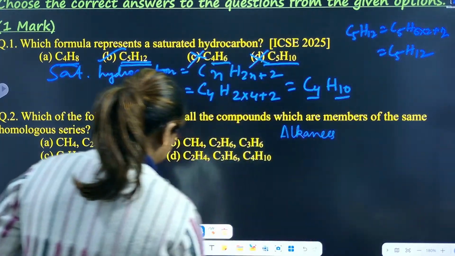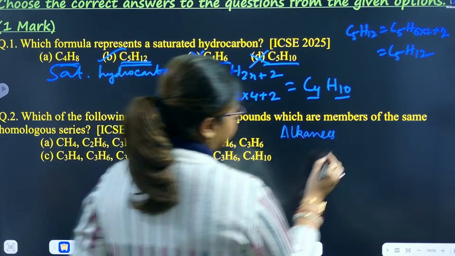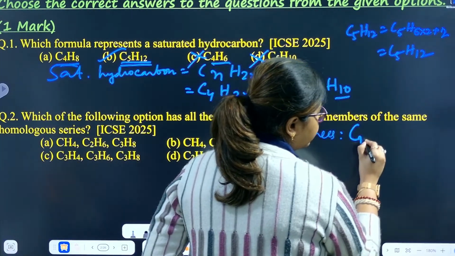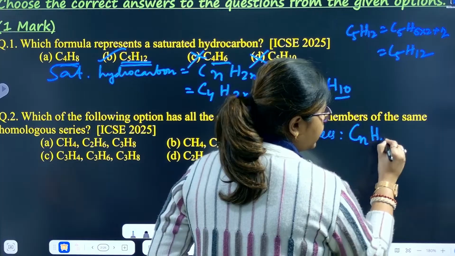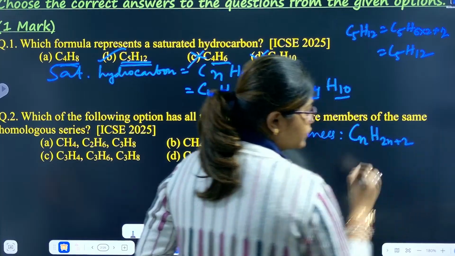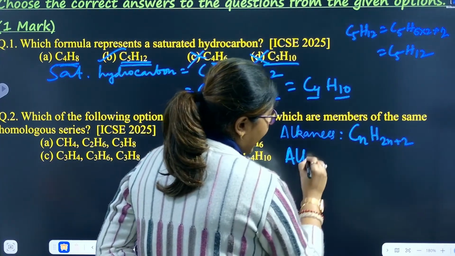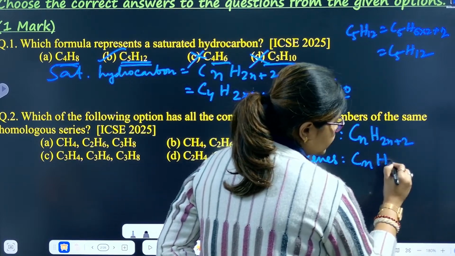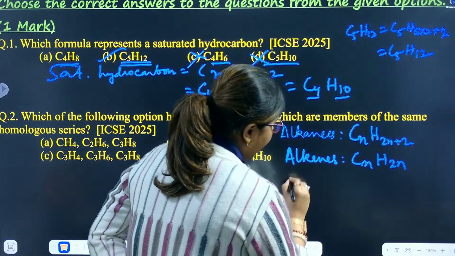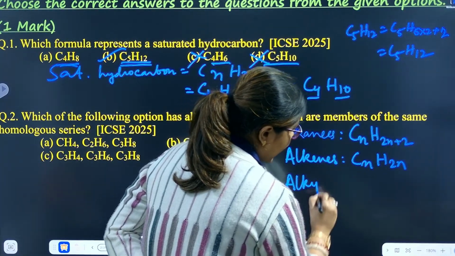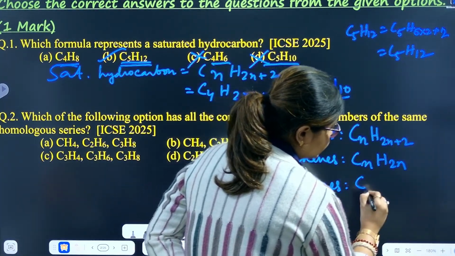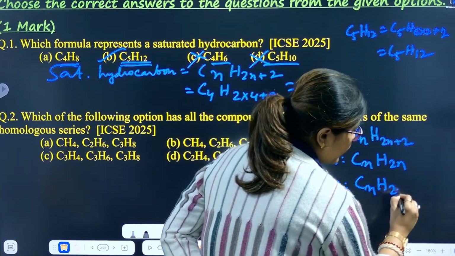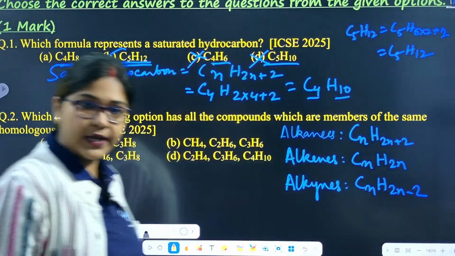Alkanes. Alkanes have the general formula CnH2n plus 2. You have alkenes with the general formula CnH2n, and you have alkynes with CnH2n minus 2, right?